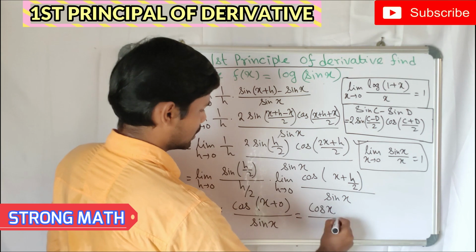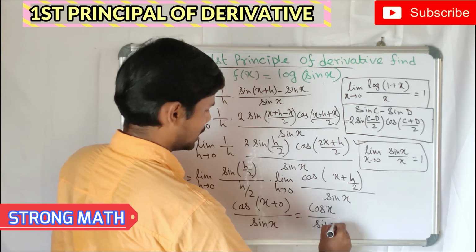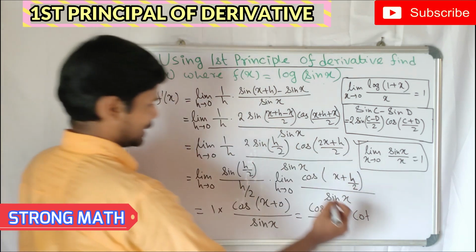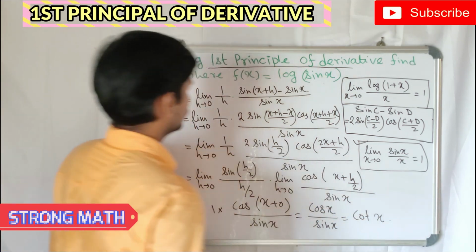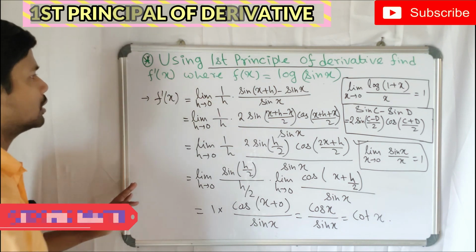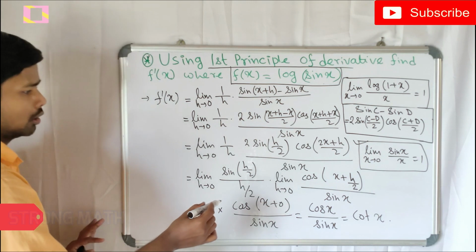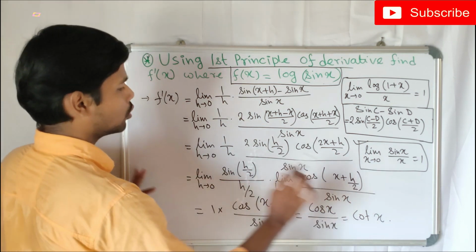So cos x by sin x gives us the value of f dash x as cot x. So we have the result for f(x) equals log of sin x, natural log. The f dash x will be cot x.